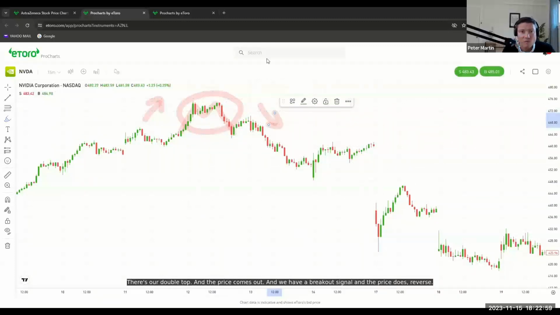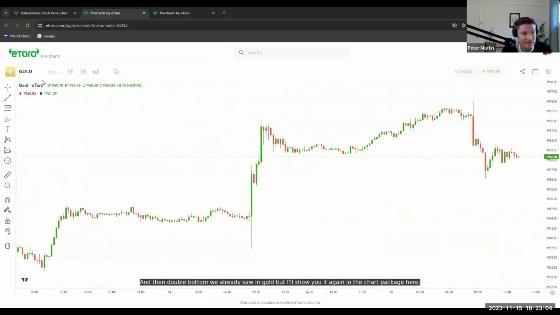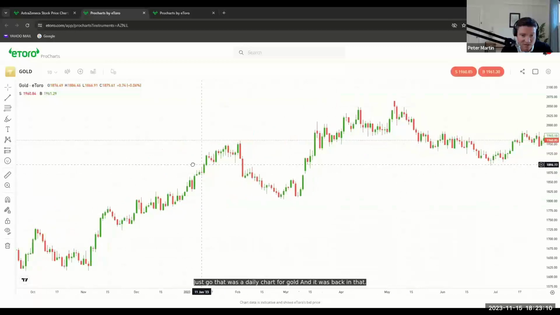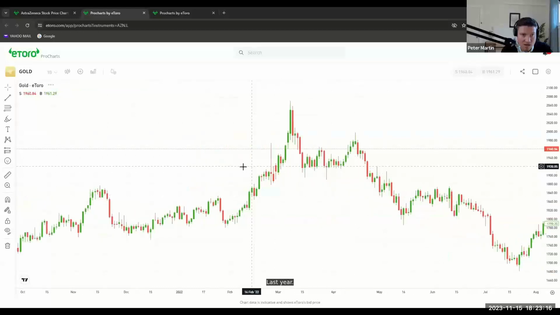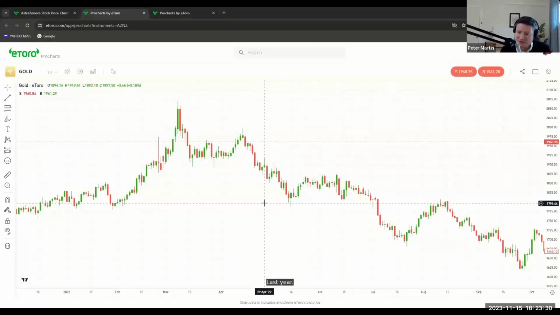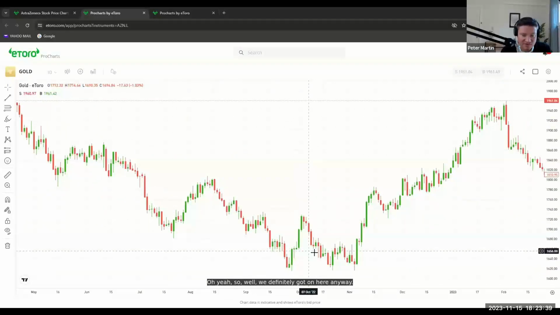And then the double bottom we already saw in gold, but I'll show you it again in the chart package here. That was a daily chart for gold, and it was back in last year. It's strange. It doesn't seem to tally up with what we were just looking at. Oh, yeah. So, well, we definitely got one here anyway.